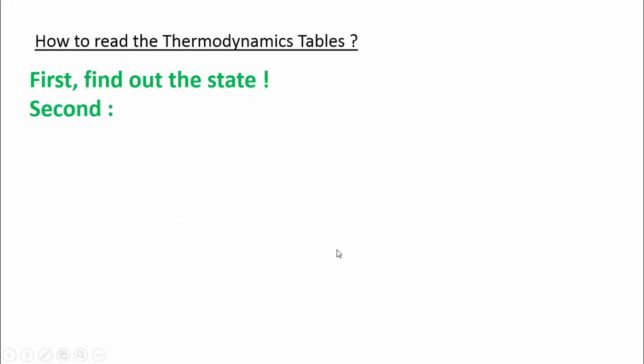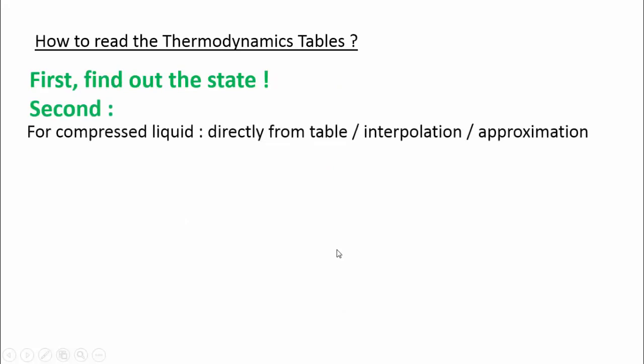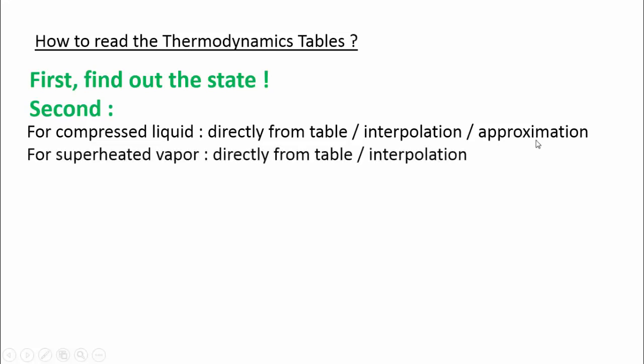After that, second, for compressed liquid, all the information you can directly get from the table or through some interpolation or approximation. For superheated vapor, you can get information from the table or interpolation.